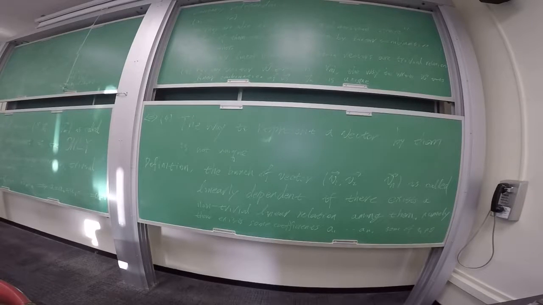So this is linearly independent, and we always show several vectors are linearly independent by this method. We assume some linear relation, and then you see that the coefficients are all forced to be 0.